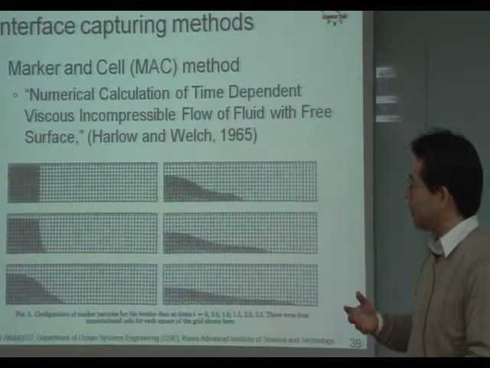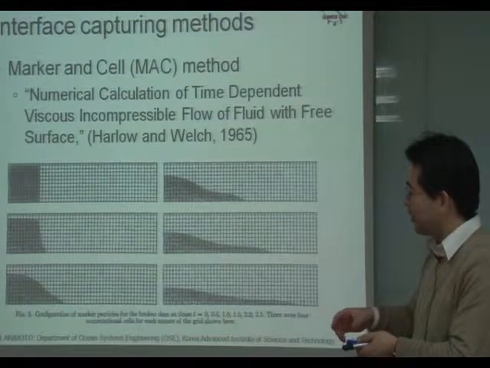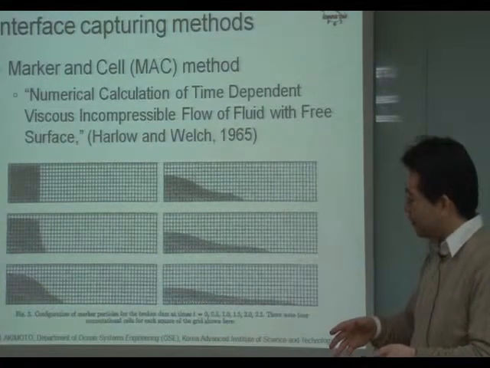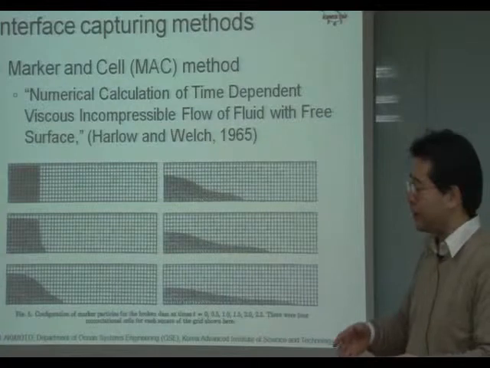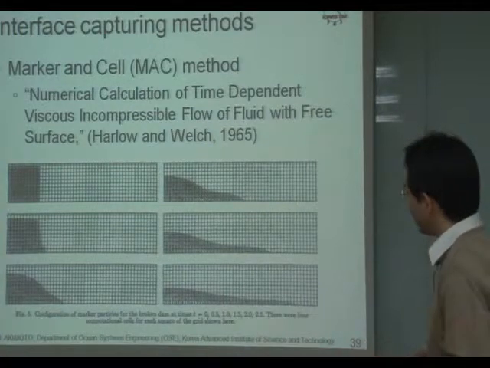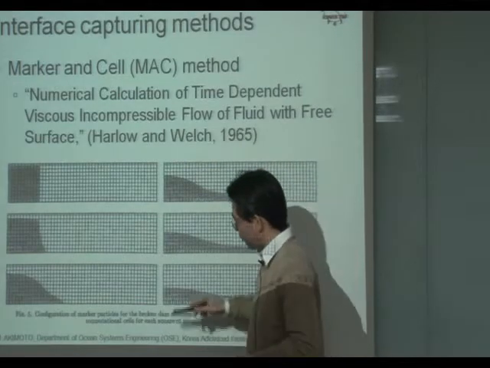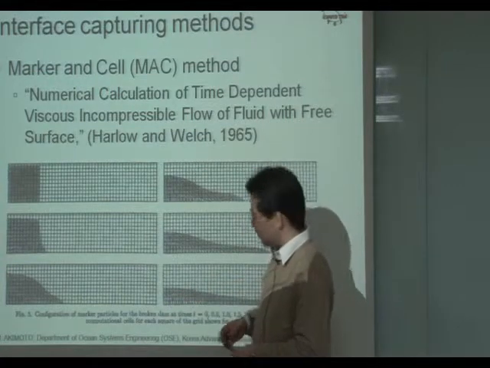So sometimes markers concentrate in a small position, or although it should be fluid part, if the number of markers is insufficient, there might occur control volumes that do not have any marker points.